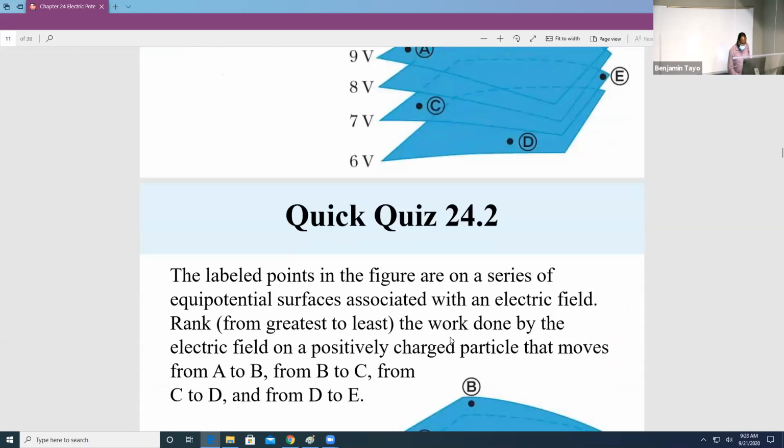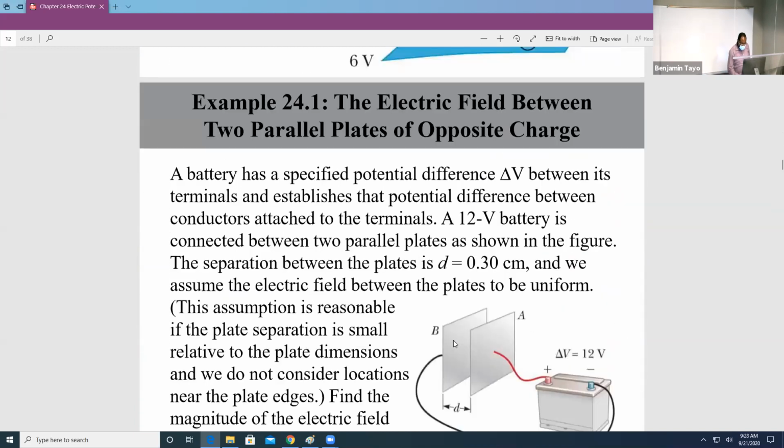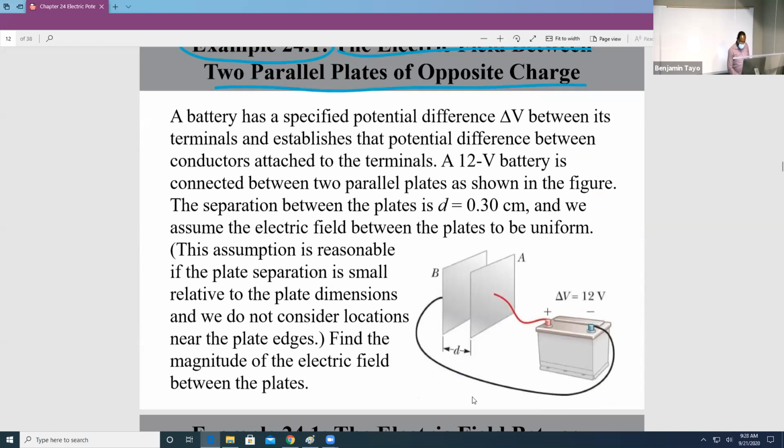Now let's take a look at this example here, Example 22.4. This is the electric field between two parallel plates of opposite charge. In this example, I have a 12 volt battery.